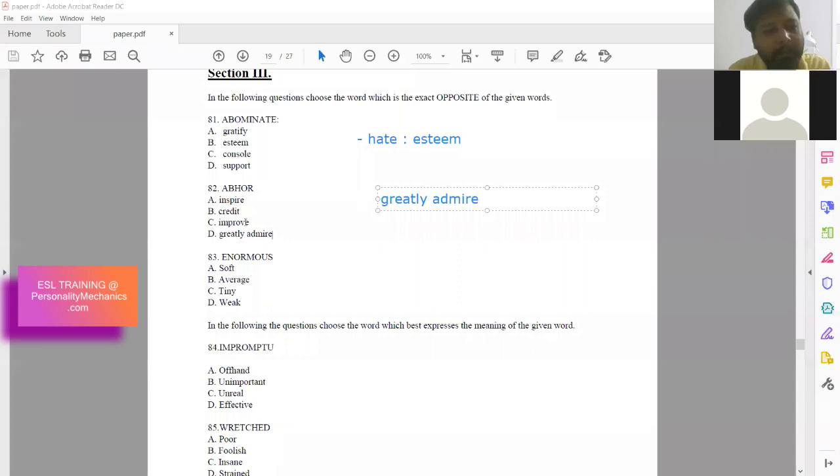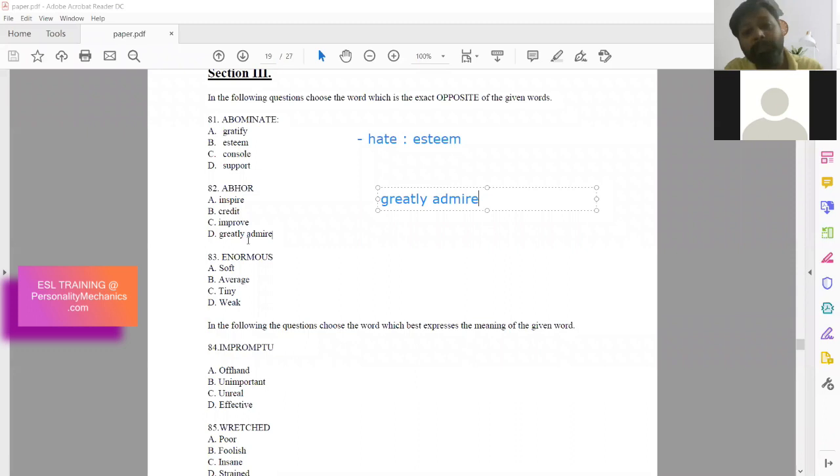If I was to say improve, that is to better the standard, better the level at which you are. Credit is to add value or extend support. Inspire means to bring somebody to a better level, to become a role model. So out of all of these, the only one that works well is greatly admire.